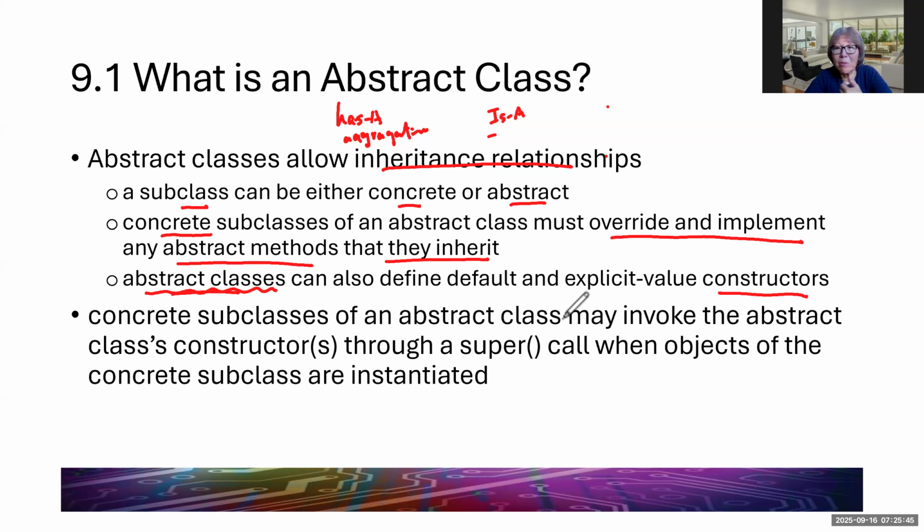Even though it is not allowed to create objects, it can still have constructors, default and explicit value constructors. Because an abstract class cannot be instantiated, but a concrete subclass can create objects, when the subclass is instantiated it needs to invoke a constructor. So the concrete subclass can call its abstract superclass's constructor. That's allowed.